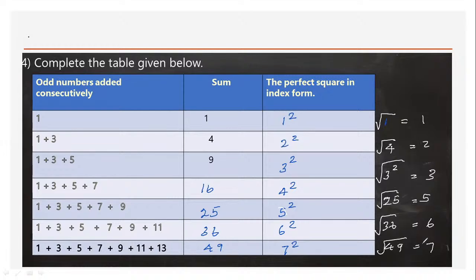Now I know that you already understand the index form, and what the meaning of the square number is, and then we can find the root also. We are going to find the square root by using different methods.